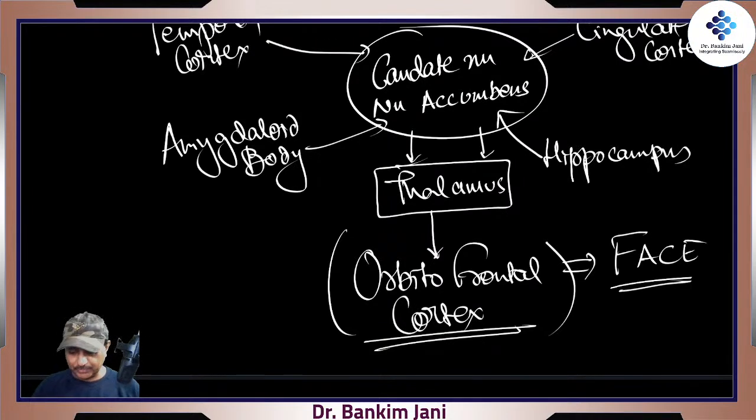Very properly. That's why you can generate so many expressions on your face. So this is so systematically designed. And then the thalamus, the tract associated with the emotions part, only goes to the orbitofrontal cortex, and things are represented onto the face, right? So this is the third loop.